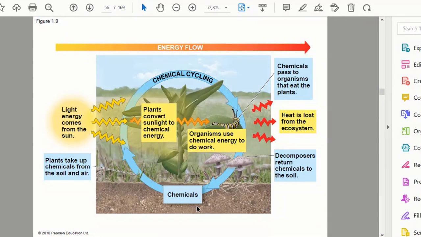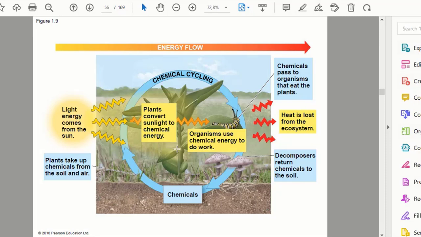It's kind of like that, but this is a flow comprised of chemical cycling, where you see that there's energy or light which comes from the sun, and there's going to be what we call a conversion, where plants convert sunlight to chemical energy, and you see that organisms use this chemical energy to do the work.